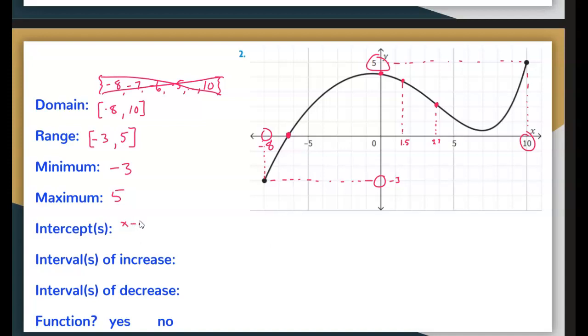So our x-intercept is at, looks like -5, -6, maybe about -6.4. That's where it crosses the x-axis. And then the y-intercept is where it crosses the y-axis. Up here, that's at 1, 2, 3, 4, and just a little bit, maybe 4.2. Let's call it that.